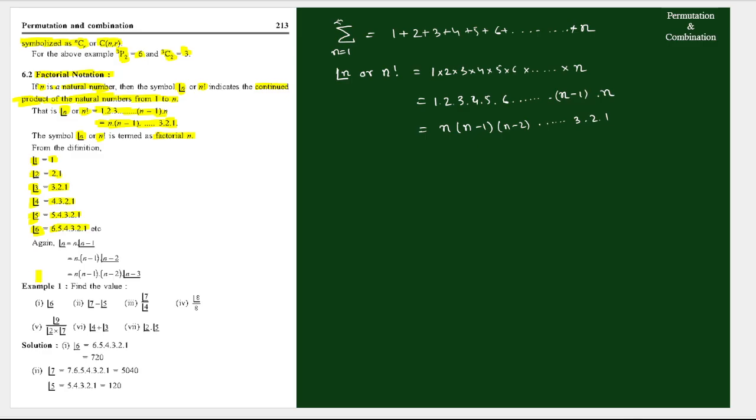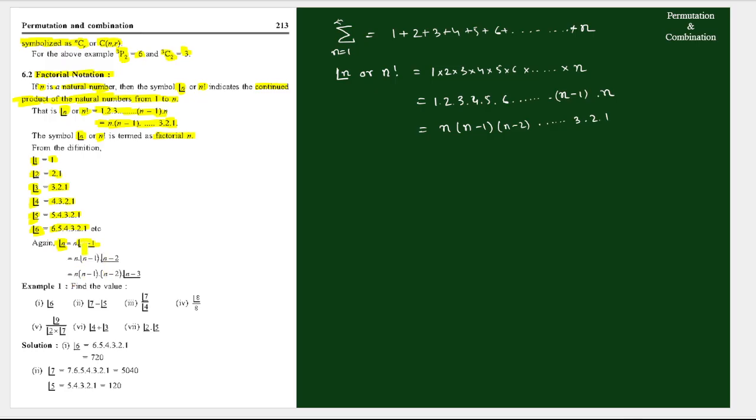So if you need to multiply, you would have to write so many numbers, right? So instead, we give a symbol for it. What will we call this? This symbol is your factorial. So again, see one thing, this is very important. Factorial n means n into factorial n minus 1.